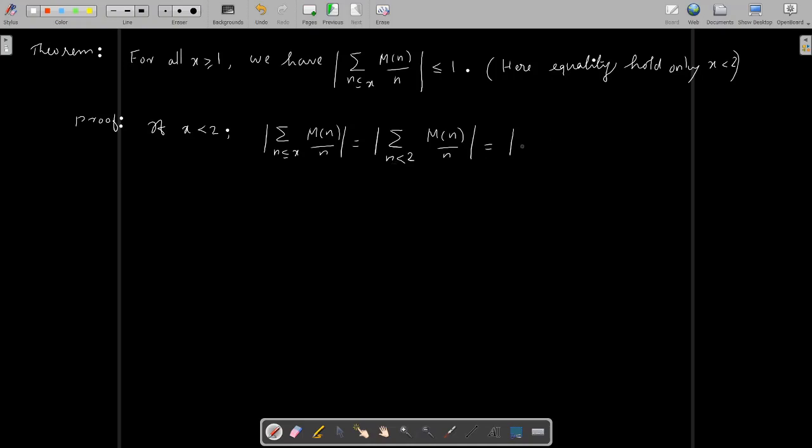So we have mu of 1 by 1, that is 1. So we have equality here. In other cases, if x is greater than or equal to 2, we need to prove this inequality.